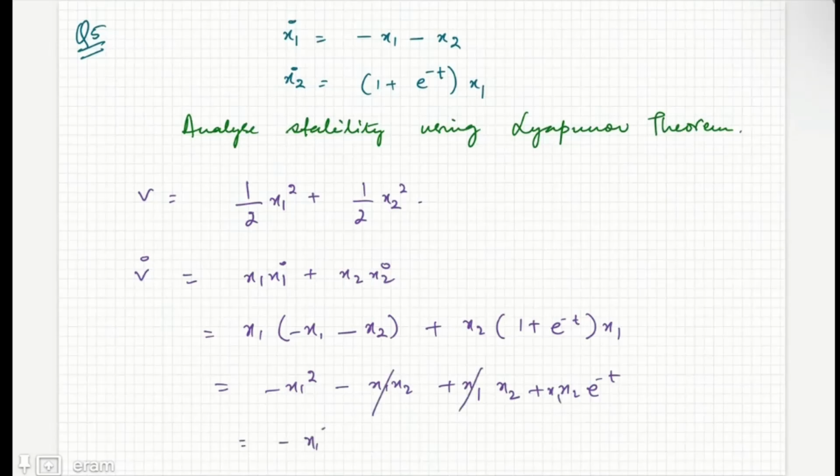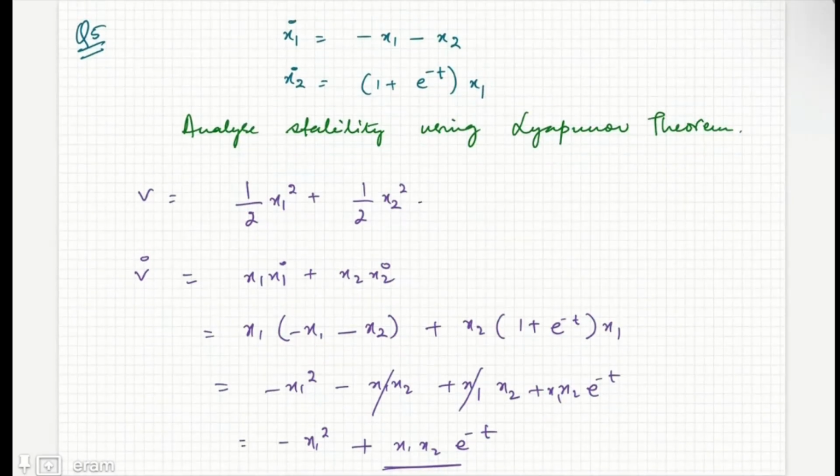So from here we can see that we cannot comment on anything because we have the sign indefinite term x1 x2. Okay, so this Lyapunov function fails to give us any inference about this time varying system.